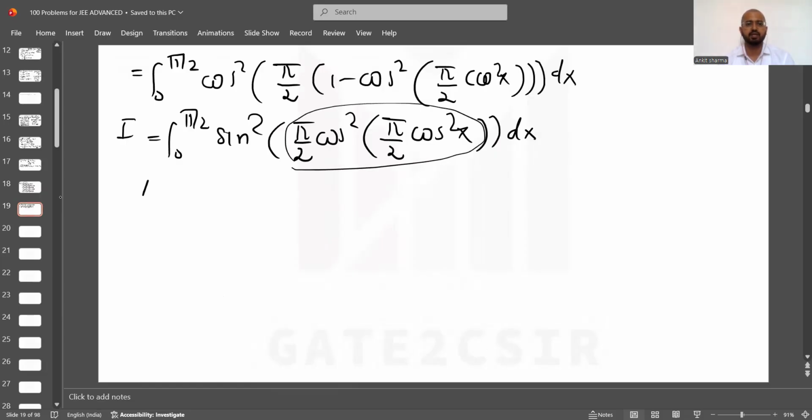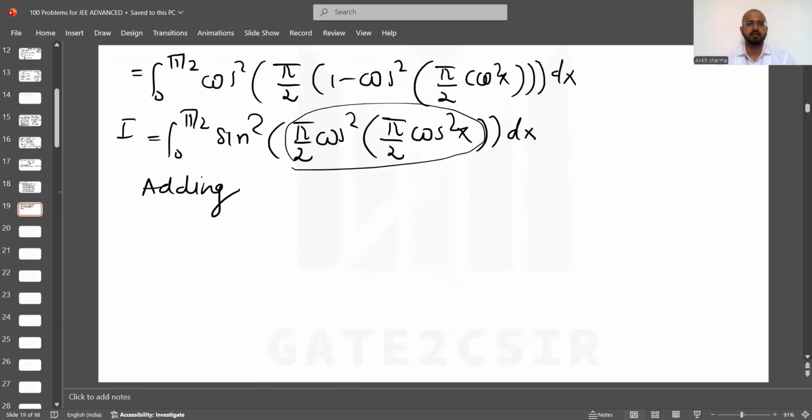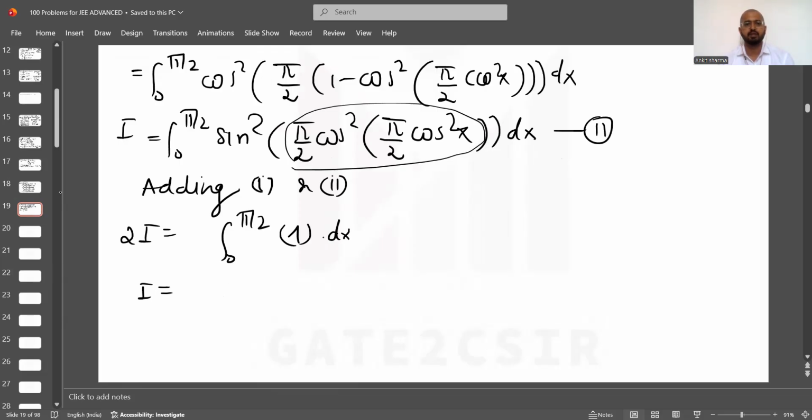So now if I add 1 and 2, this is I and this one. So adding 1 and 2, this would give me simply 2I is equal to integral 0 to pi by 2, and then sine square plus cos square will be 1. So I will be simply pi by 2, and 2I is pi by 2, so I is pi by 4. So the answer would be pi by 4.